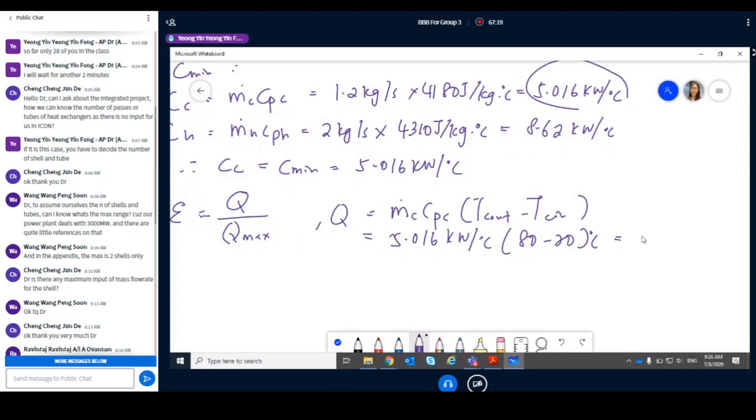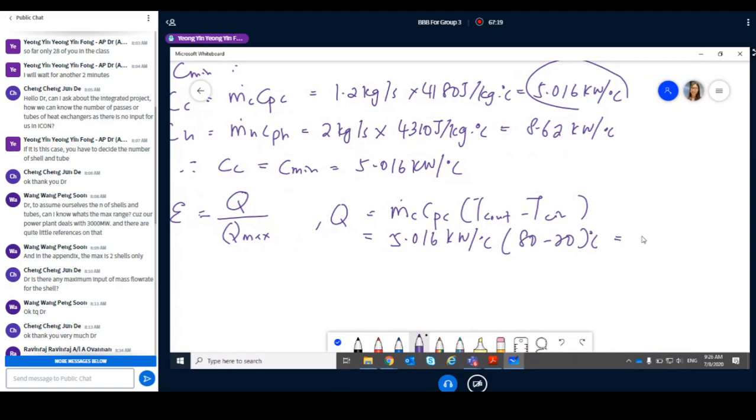So that's the way to calculate the effectiveness. 3 over 7. Better to put it in the normal number type. Yes, correct. Okay. Then we will proceed back to the whiteboard to continue with the calculations.